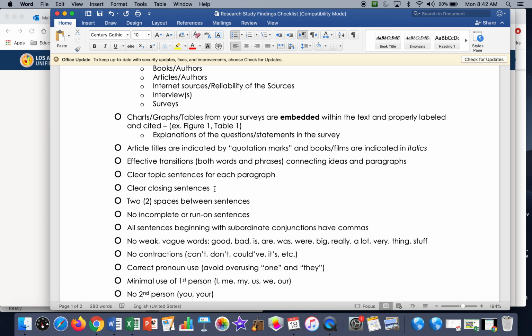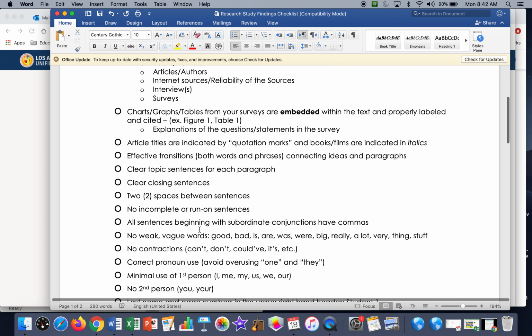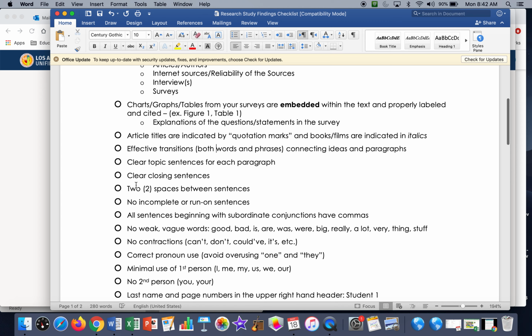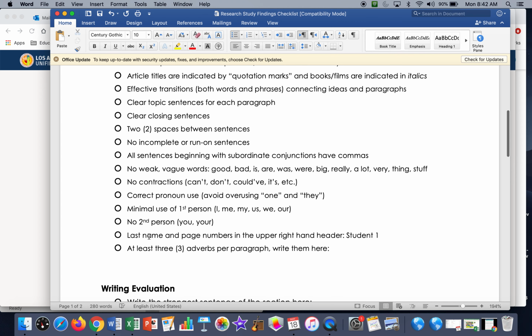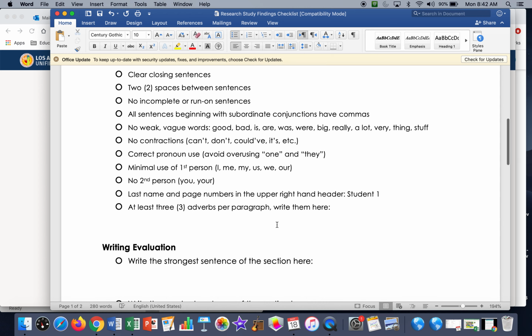Remember the chart that you made in your book of writing first semester about transitions? Look that one up. And then again, make sure that you can check all of these off, right? What you do with a checklist is you go through it and you check it off as you're checking your paper. That's what you should be doing.